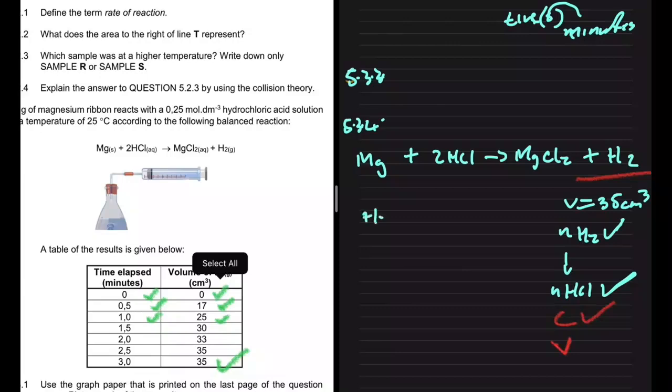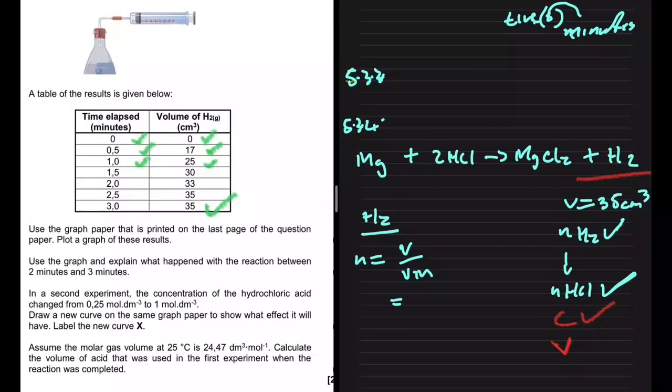So for H2, we're saying that the number of moles is equal to the volume divided by the molar gas volume. The SI unit for our molar gas volume is in decimeter cube, so we have to convert the volume of H2 to decimeter cube.